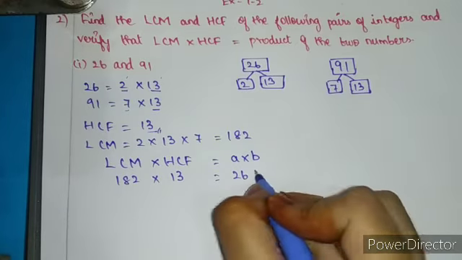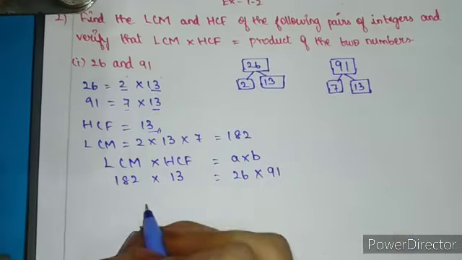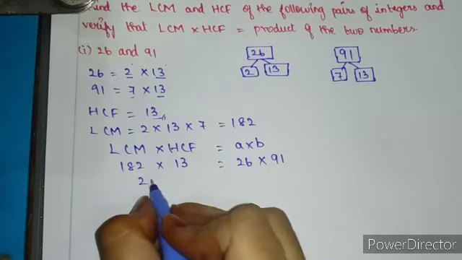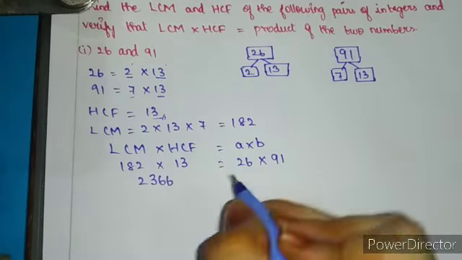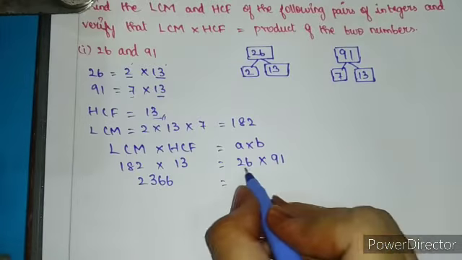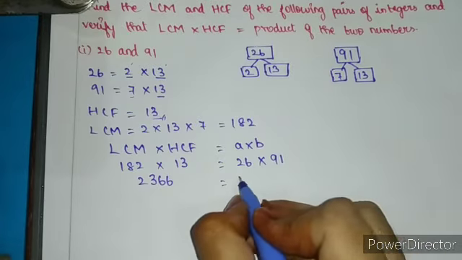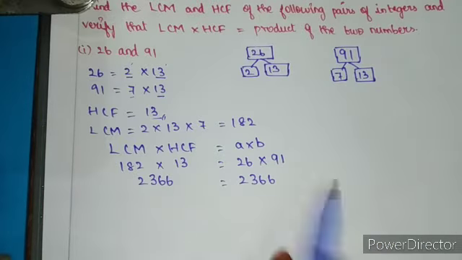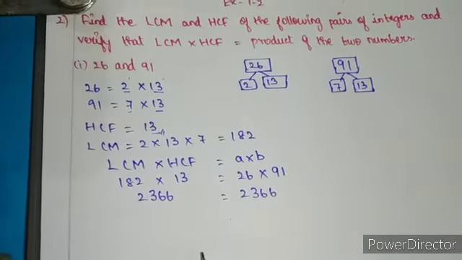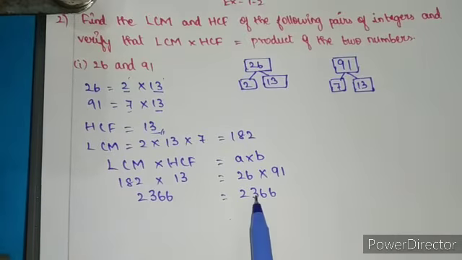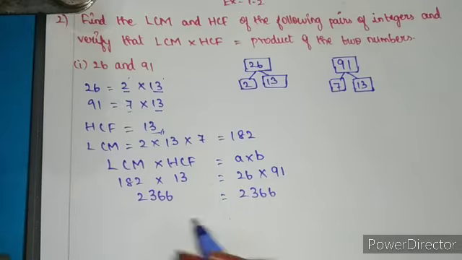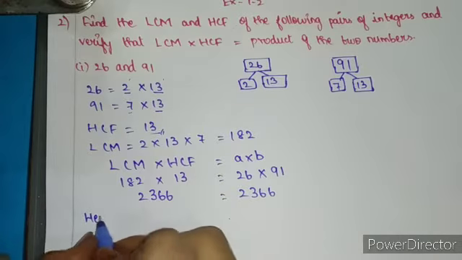When we multiply 26 into 91, we get 2366. And on this side, when we multiply these numbers, we get 2366. So they both are equal. If these values are equal, the HCF and LCM we found are correct. Hence verified.